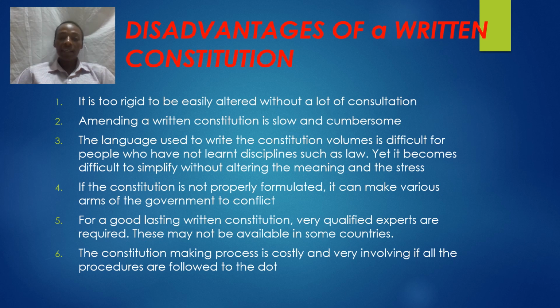The last disadvantage of a written constitution is that the constitution making process is costly and very involving if all the procedures are followed to the dot. If you can remember, there was a bill brought by the former president of the Republic of Kenya, the fourth president, Uhuru Muigai Kenyatta, the Building Bridges Initiative.